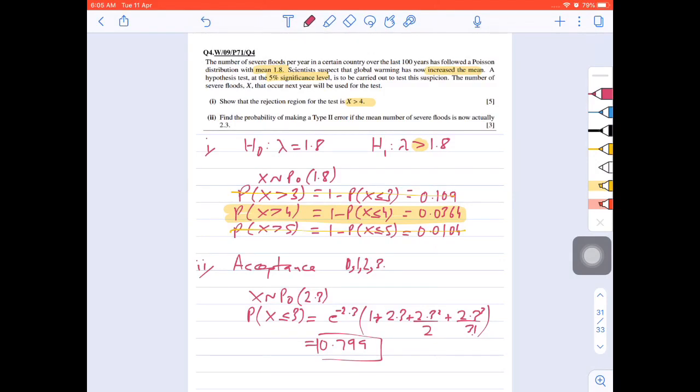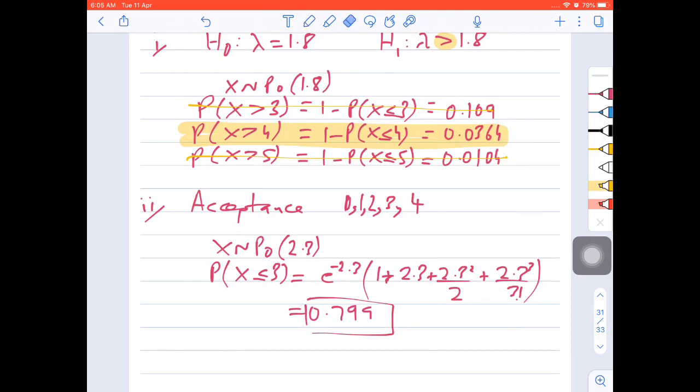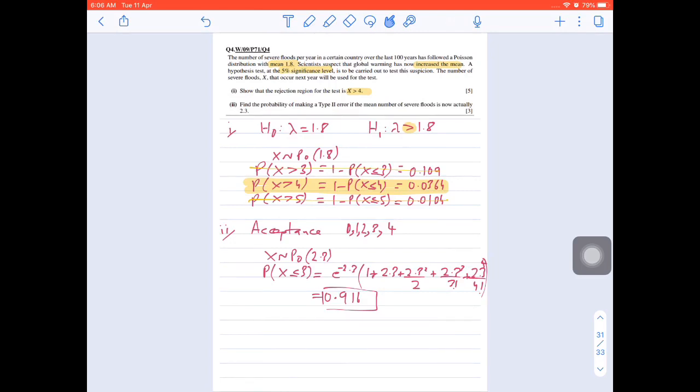Over here one mistake I made is that this was X greater than 4, so we'll also include 4 over here. So this will be plus 2.3 power 4 upon 4 factorial, and this will be 0.916. I hope this question is clear.